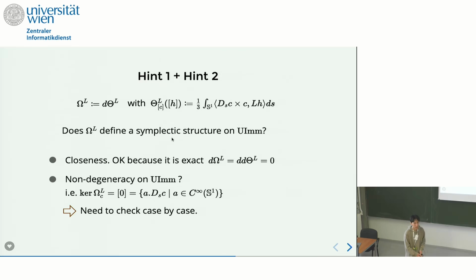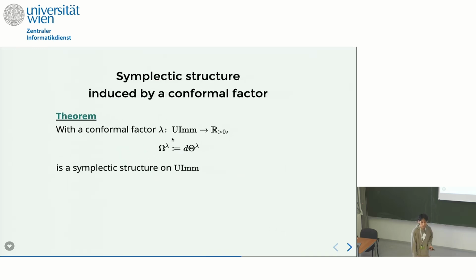It turns out that this has to be checked case by case, and it's surprisingly difficult to check this non-degeneracy property for a generic operator. But we managed to show it for a simple case. That's this theorem. For a conformal factor lambda on the shape space, we get this two-form omega lambda.